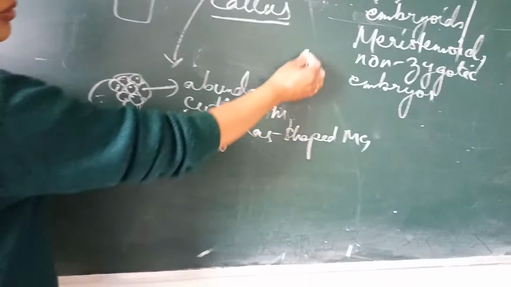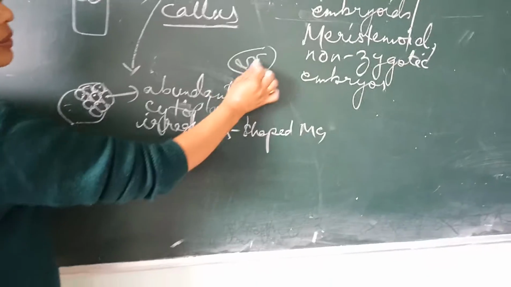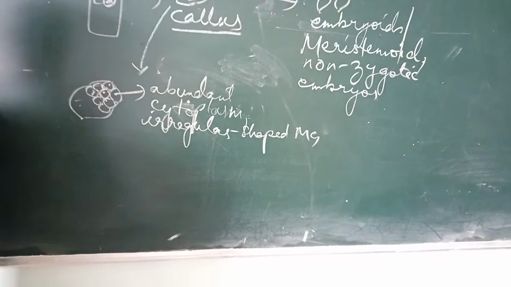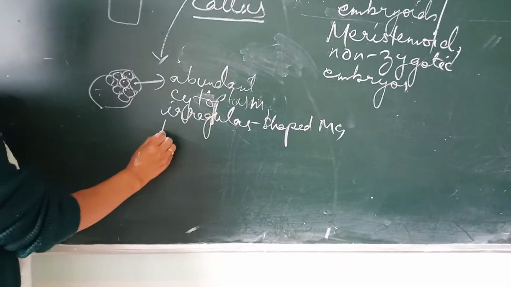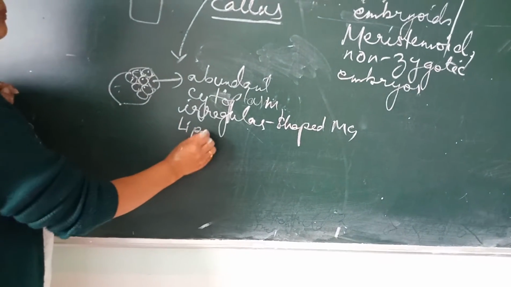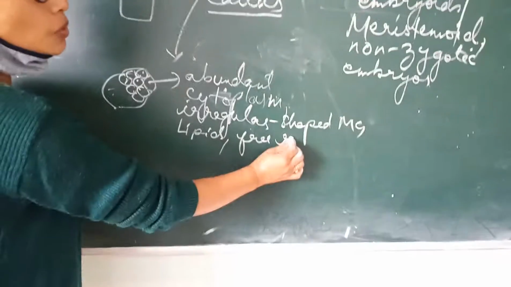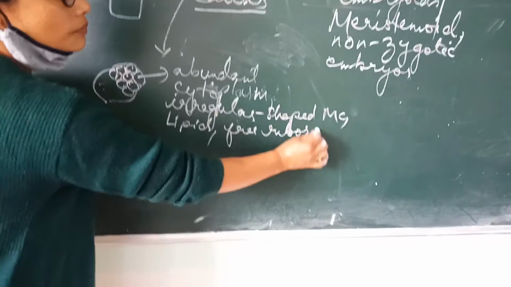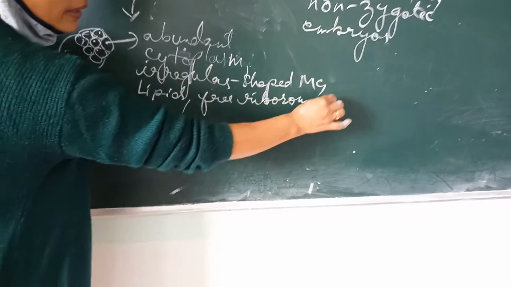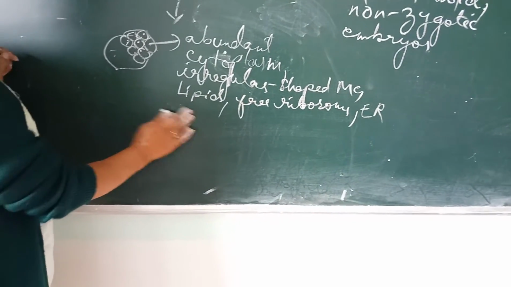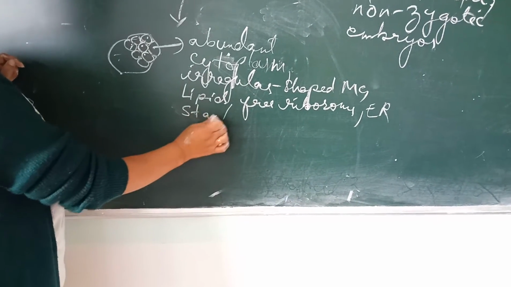Mitochondria are normally like this, but instead the shape of the mitochondria will be irregular. They will have abundant lipids, free ribosomes, and abundant endoplasmic reticulum.